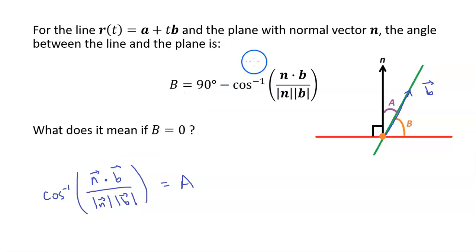And so clearly B is equal to 90 minus a. So there's not much to do here.